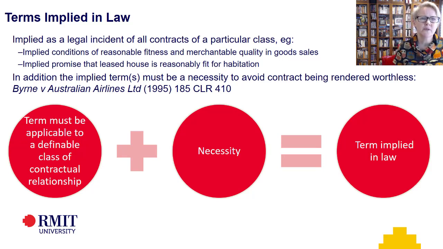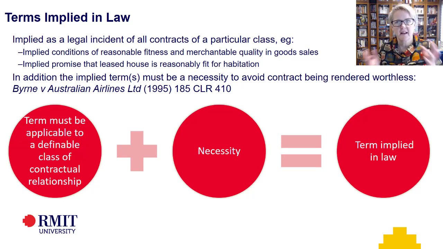Other kinds of contracts, I should say, where this is an issue: tenancy contracts, for example. There's an implied term that a house that is leased for residential purposes should be reasonably fit for habitation.